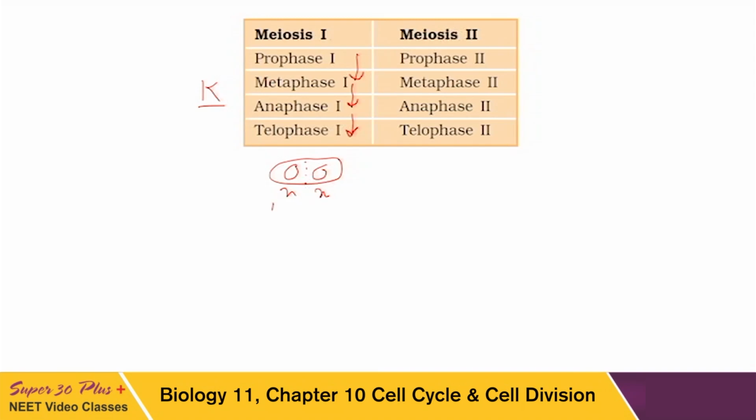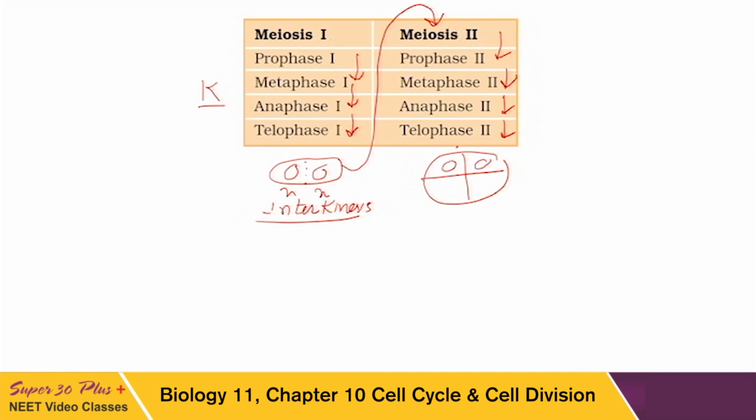It is known as interkinesis. Is it right? After this, the cell has to enter into meiosis second: prophase second, metaphase second, anaphase second, and telophase second. Now the cell has divided into 4 cells: 1, 2, 3, 4.